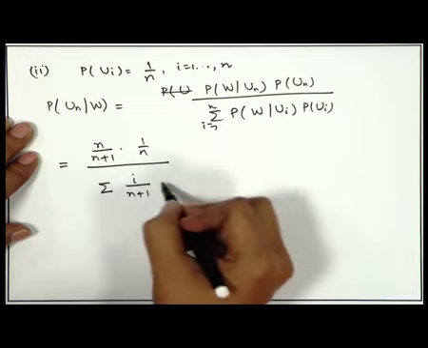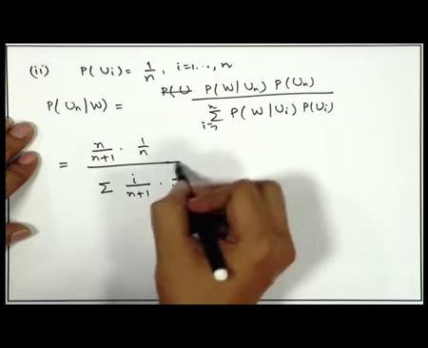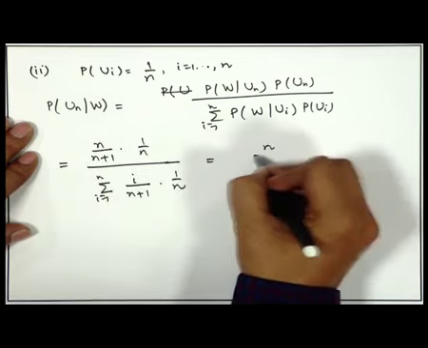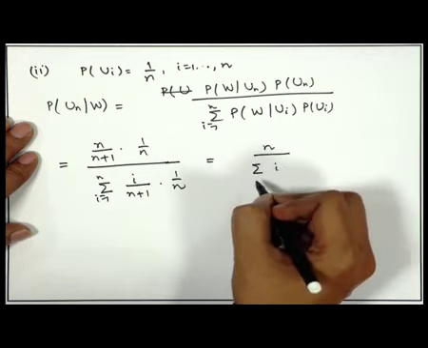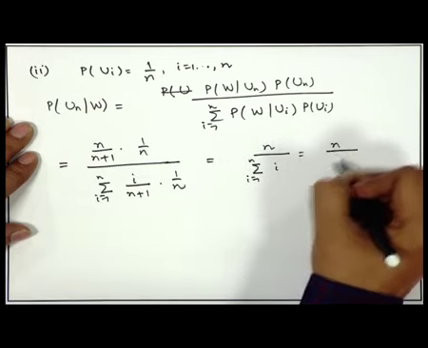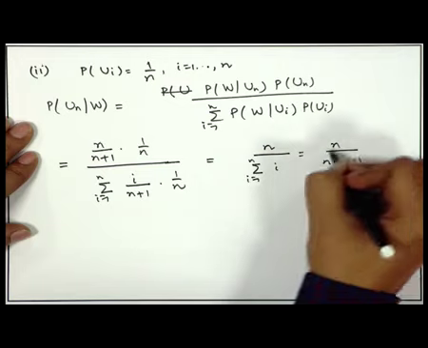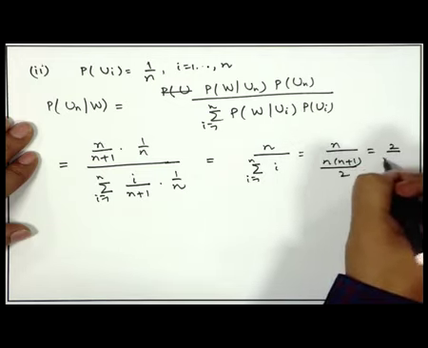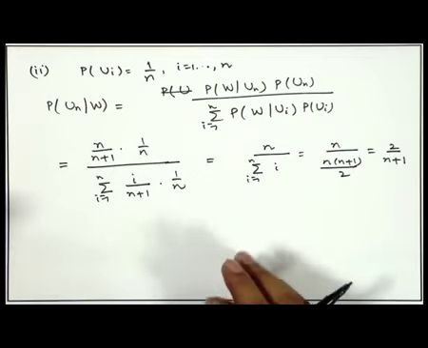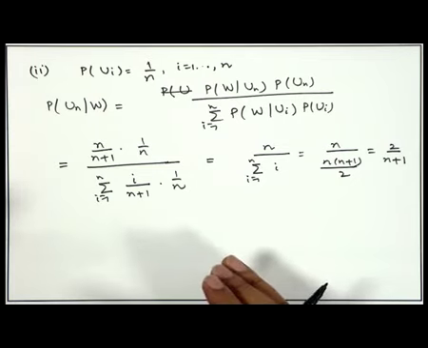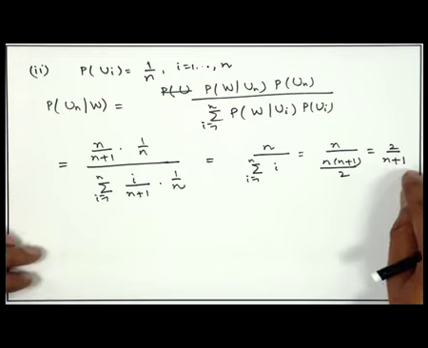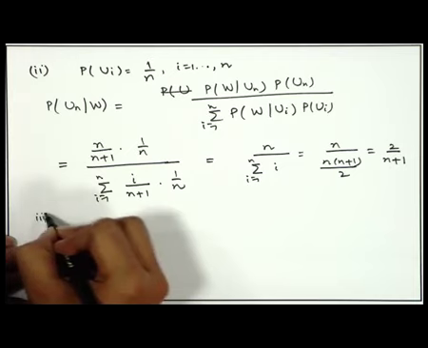So, the probability will be i by n plus 1 and the probability of ui is 1 by n, i is equal to 1 to n. So, this becomes simply n divided by sigma i, i is equal to 1 to n, that is n divided by n into n plus 1 by 2, that is equal to 2 divided by n plus 1. So, the probability that the nth urn was chosen given that there is a white ball is 2 divided by n plus 1.